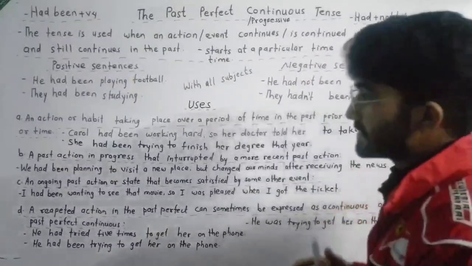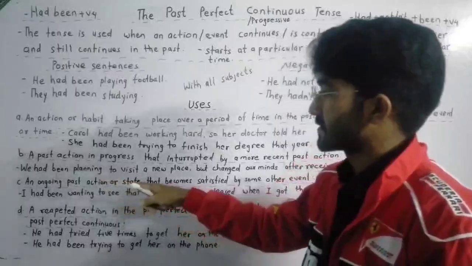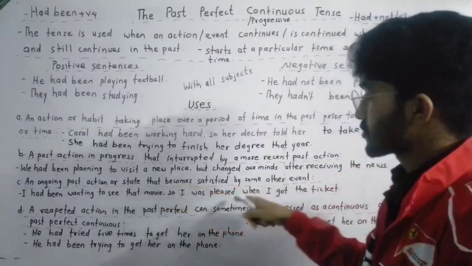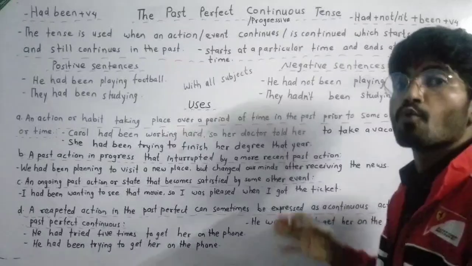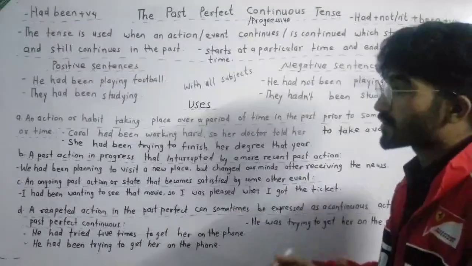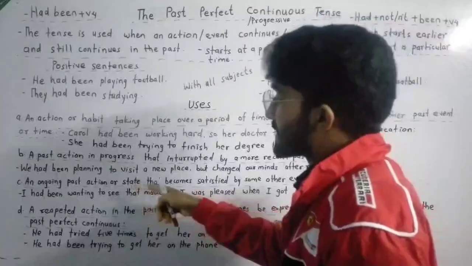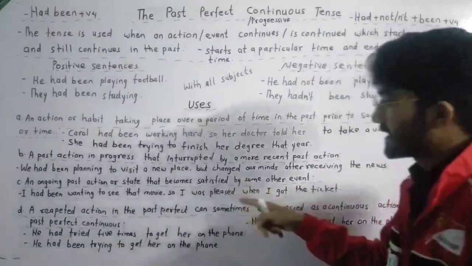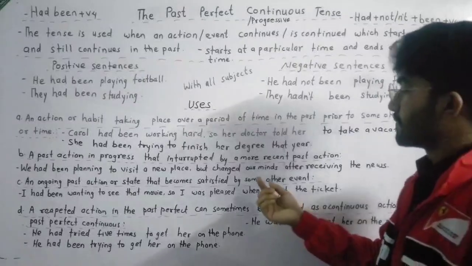And another one is an ongoing past action or state that becomes satisfied. An ongoing, something which was going on, an ongoing or regular past action or state that becomes satisfied. How?